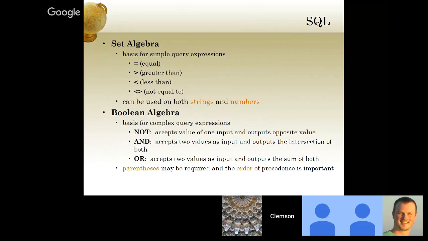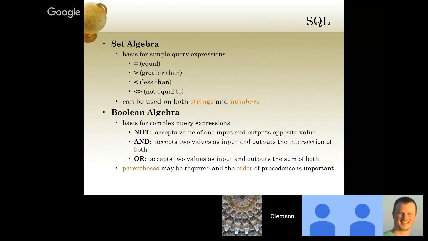The SQL uses these different types of algebra. The set algebra uses things like equal to, greater than, less than, not equal to. These can be evaluated on both numeric values and on strings of characters, so capital A does not equal lowercase a, for instance. There is also Boolean algebra, or these logical statements, so things like not, and, or are all different ways of evaluating combinations of statements.